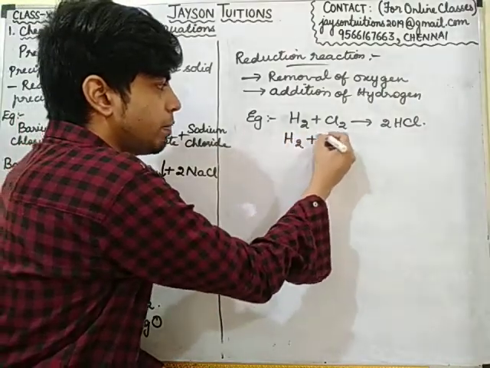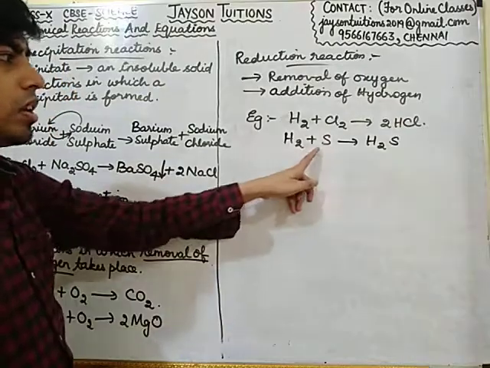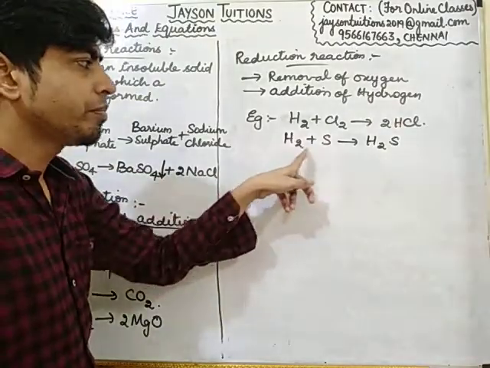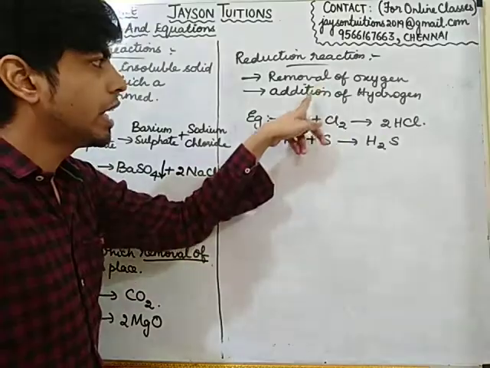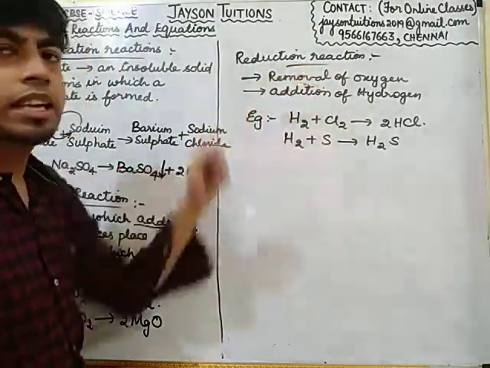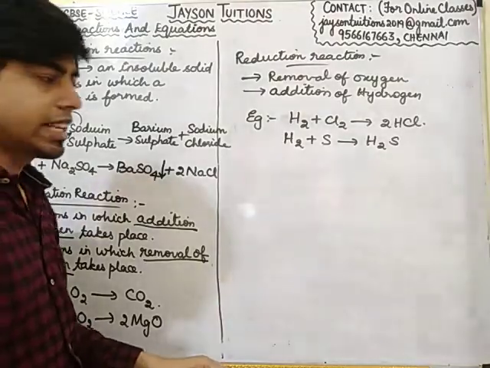Hydrogen plus sulfur gives hydrogen sulfide. Here also I am adding hydrogen to sulfur, so it is an example of a reduction reaction.